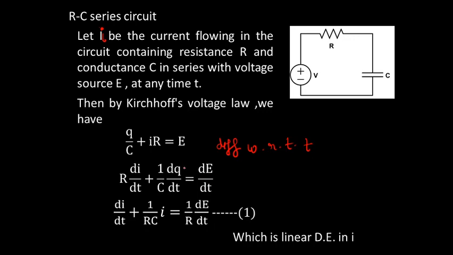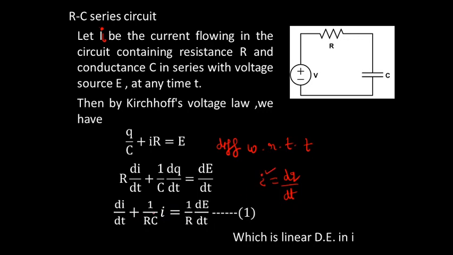Now we know that I is dq by dt, this relation we have between the current and the charge, so I am going to use that. So you can find here this is completely a differential equation with I as the dependent variable.